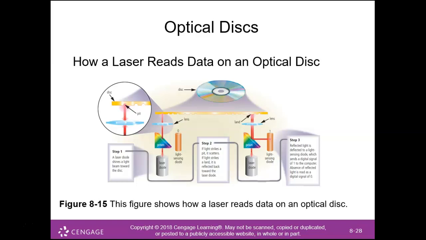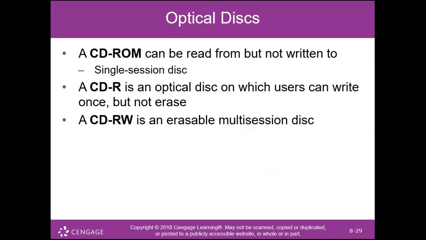And so when the beam hits a land, it's reflected onto a photodiode, which produces an electric signal. Laser beams are then scattered by the pits, and that's how the optical disc works. This is just FYI, really. So that was really just for background information, mostly.